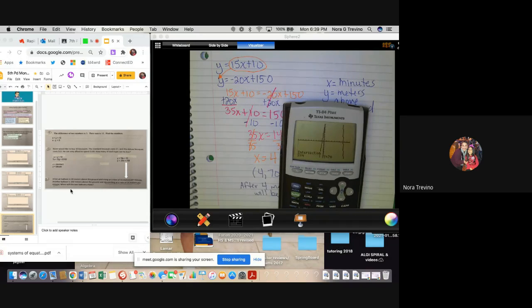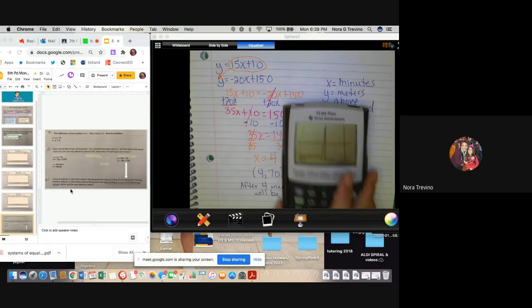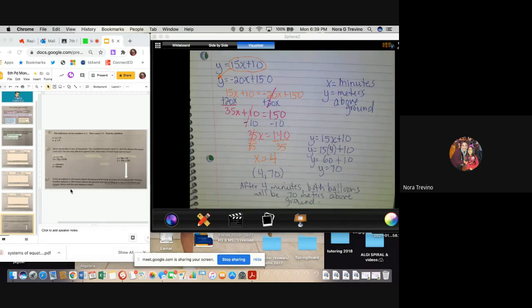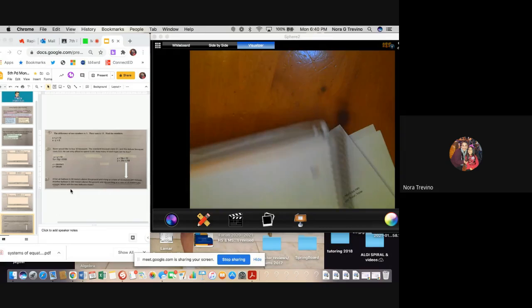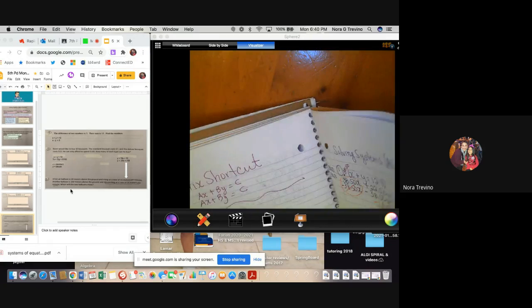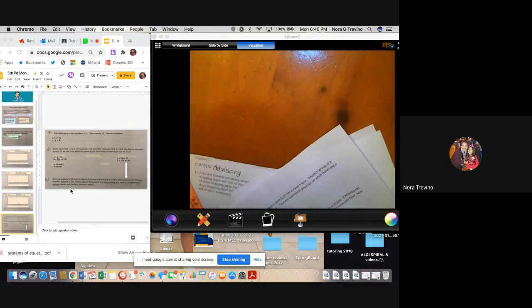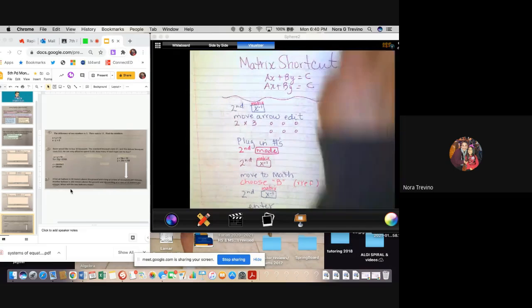Okay, so this is how you solve systems. You pick the best strategy for that one problem, okay? And then there's calculator shortcuts for it. So I'm going to show you now the steps for matrix. Here they are.